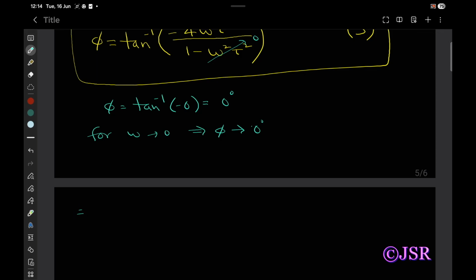So second, when omega tends to infinity, we will have omega tau tends to infinity, or 1 upon omega tau also tends to 0.